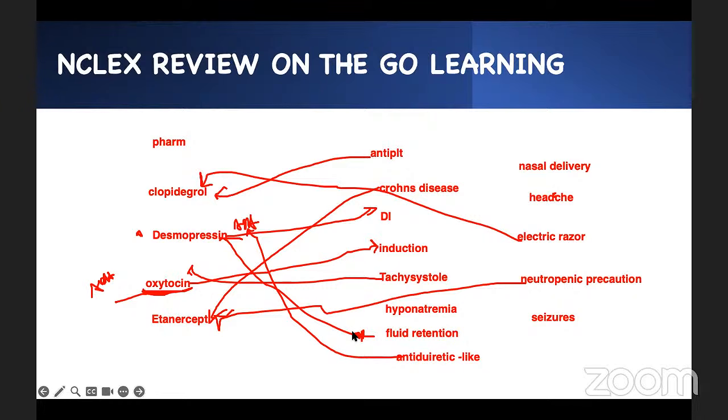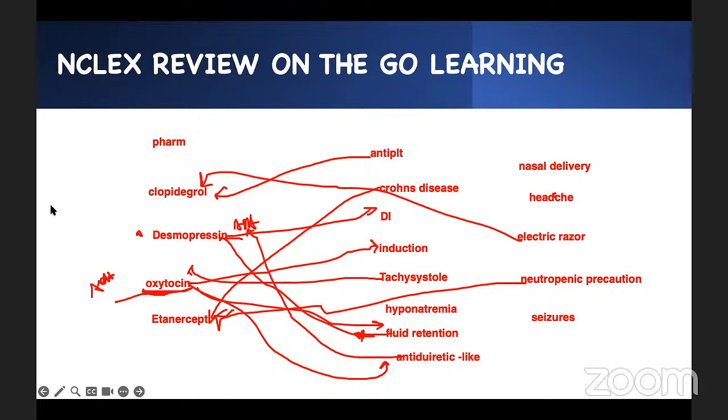So this will also go here, fluid retention, and the same thing as desmopressin. Therefore, Pitocin is also ADH-like, right? You've got to trace them up.